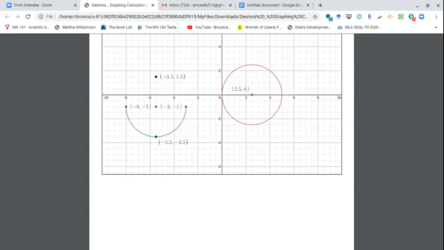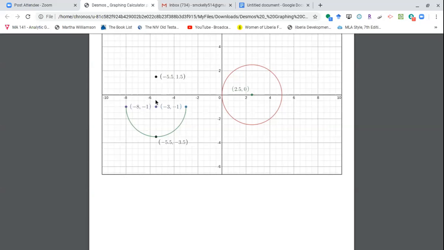Now, I need to know what the center is on the y-axis, right? Parallel to the y-axis. So now, if I'm 2.5 units radius, then I'm 5 units in the diameter, which means this other point at the top is 2.5 units.